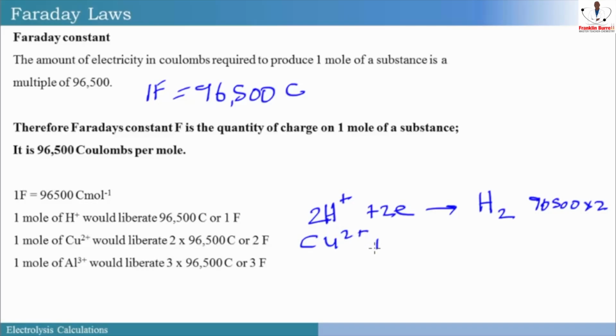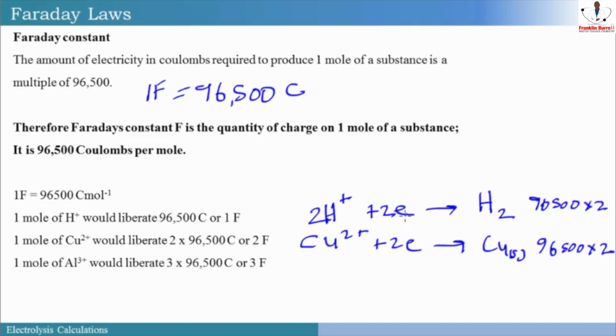For copper, we have 2 moles of electrons being liberated to form copper atom. Again, this would be 96500 times 2. Because 1 mole of a substance will liberate 96500 coulombs per charge. So per charge here, it will be 2 for copper 2 plus and 2 for 2H plus.